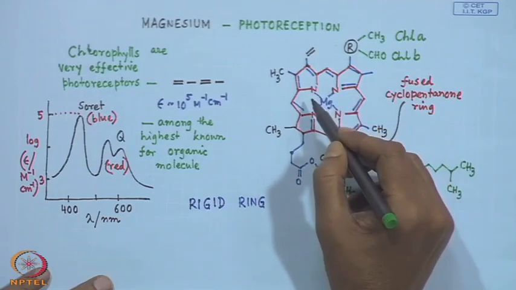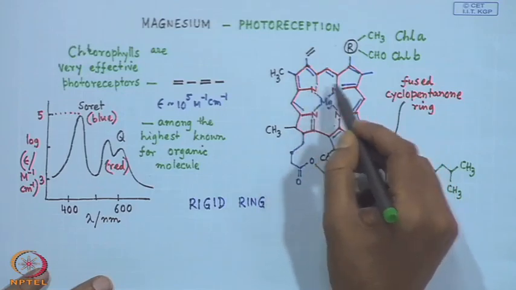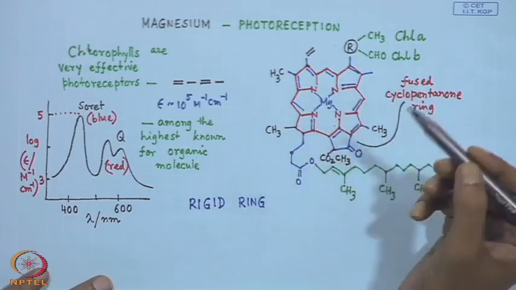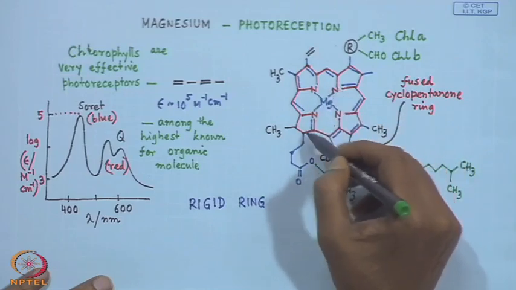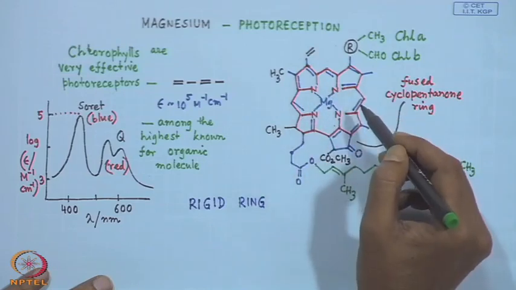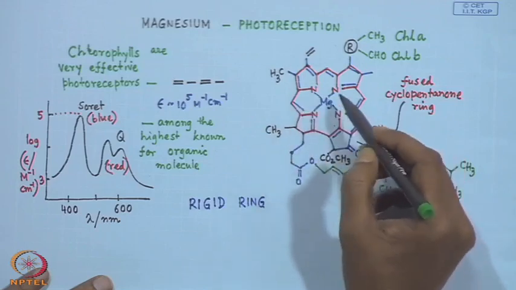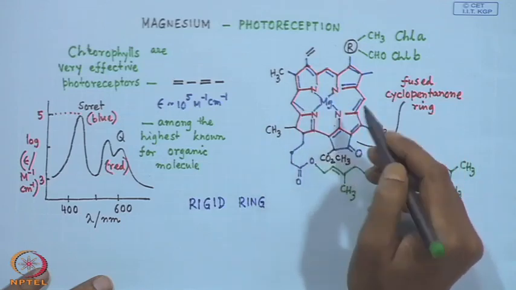because magnesium is a main group element. It has no other preference for its corresponding geometry. So, in the free state it can have a tetrahedral geometry or it can have an octahedral geometry, but never it goes for a square planar geometry.